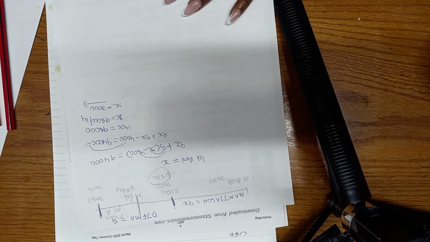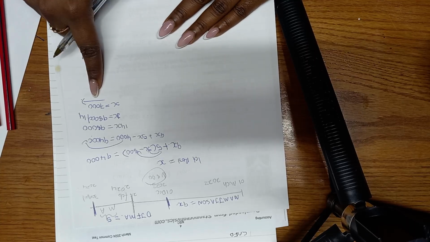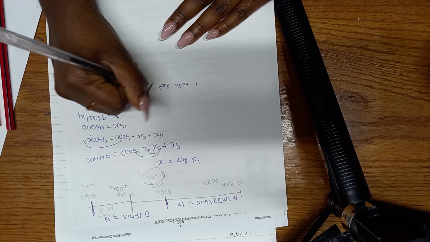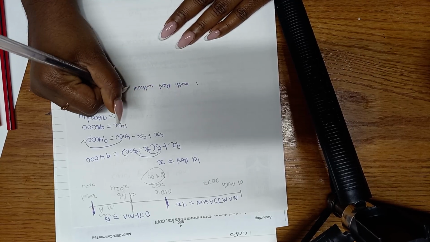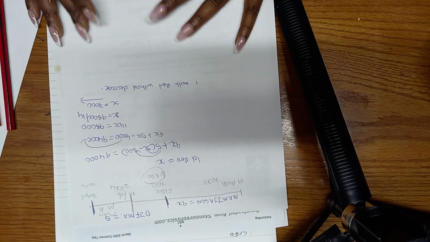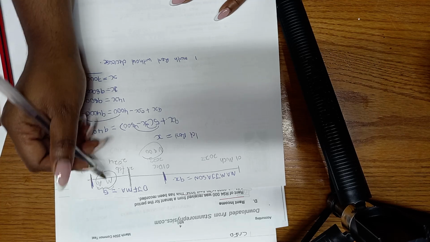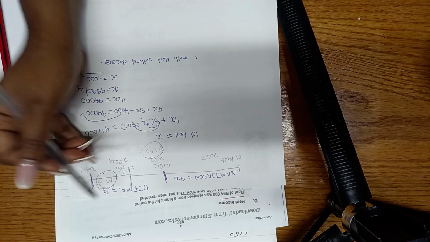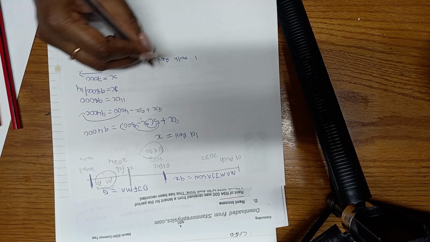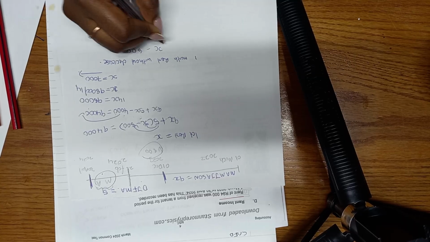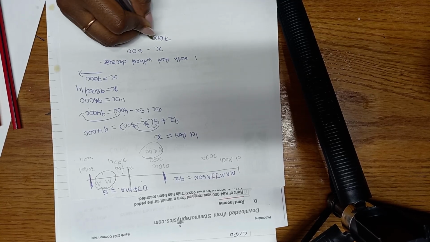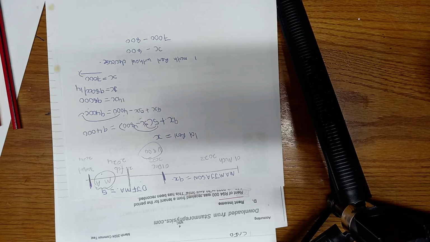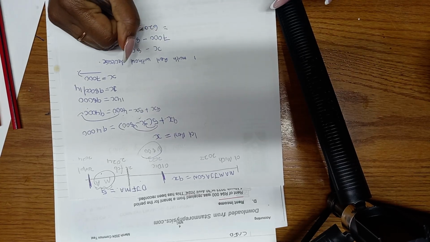All right, so again, what is the 7,000 equal to? 1 month's rent without decrease. So what do I want? The rent for March and April. Now, March and April, I know is falling here within this 5 months. What is the equation for that? X minus 800. Now that I have the value of X, 7,000 minus 800 is 6,200.